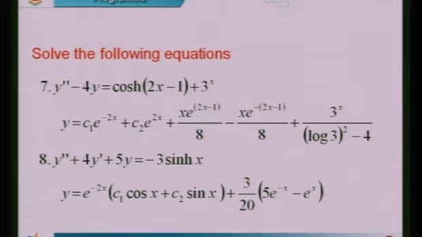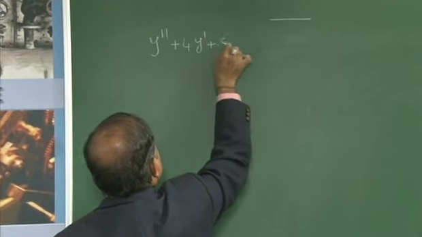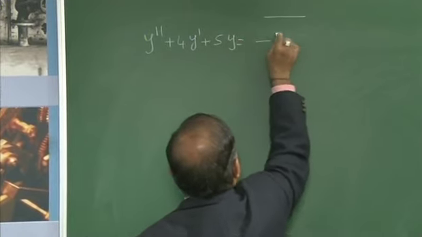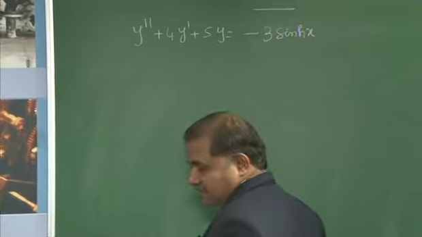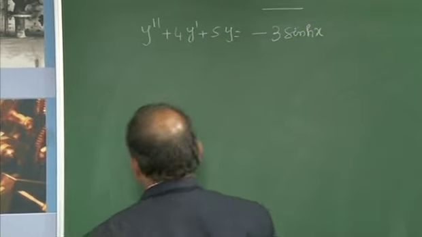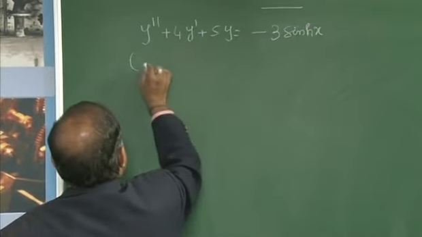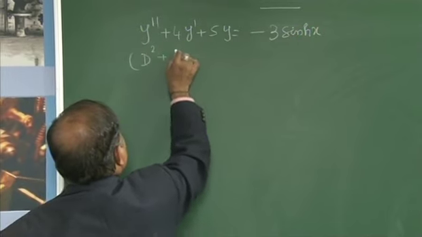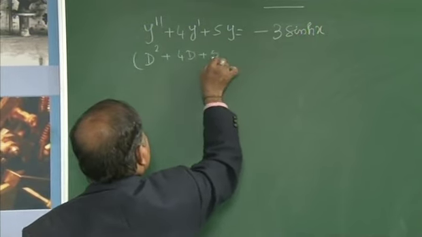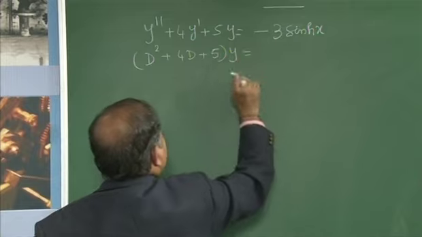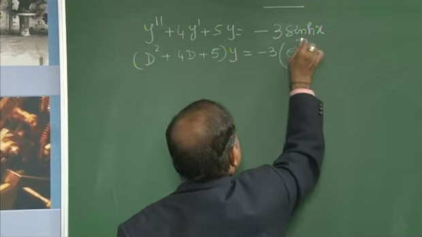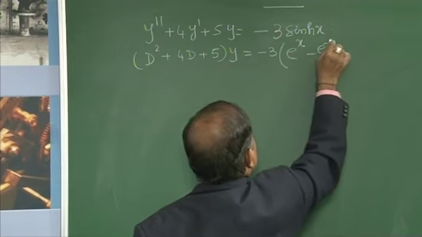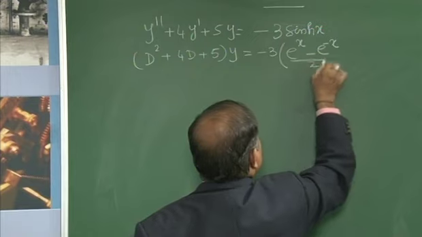Y double dash plus 4y dash plus 5y equals minus 3 sin hx. This is the problem they have given. Now (d square plus 4d plus 5) into y equals minus 3 times (e power x minus e power minus x) by 2.